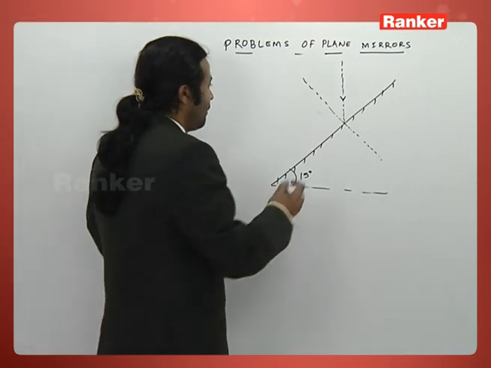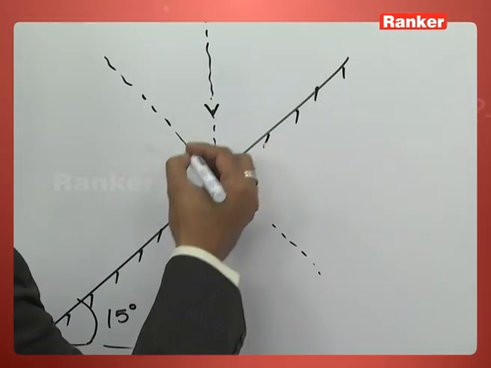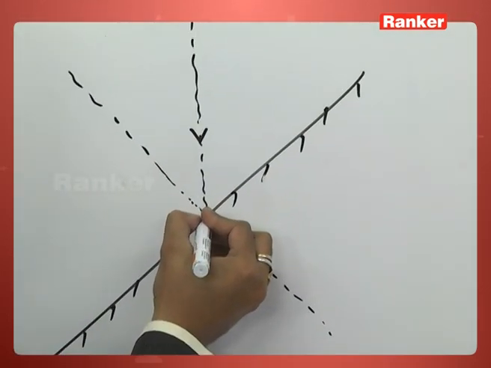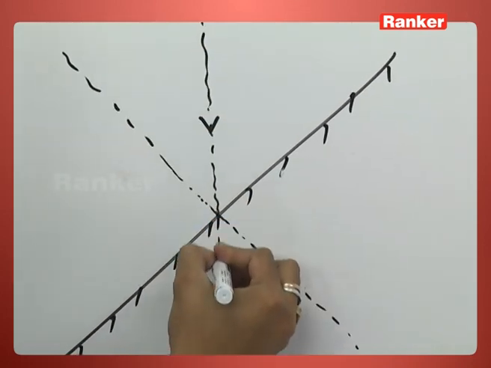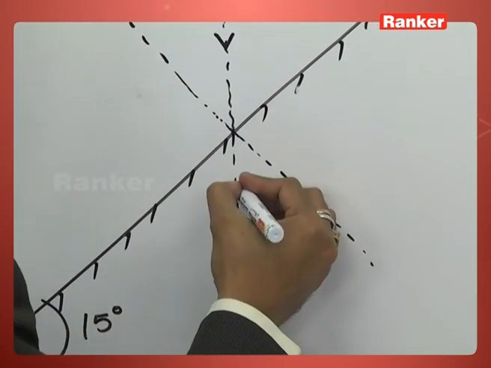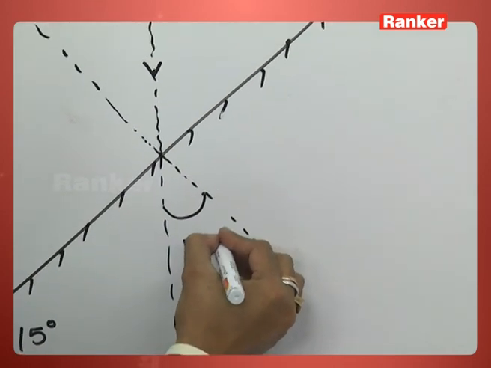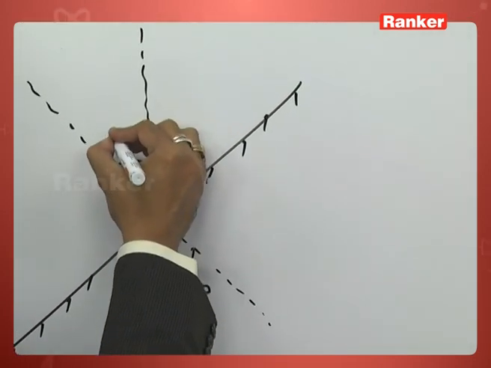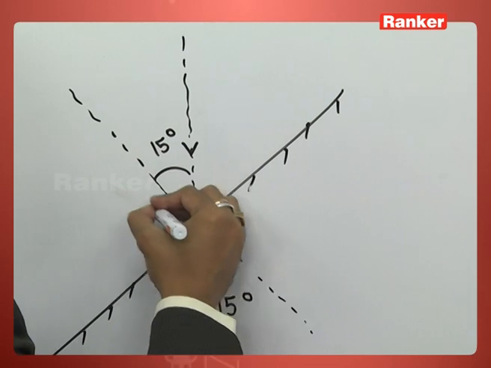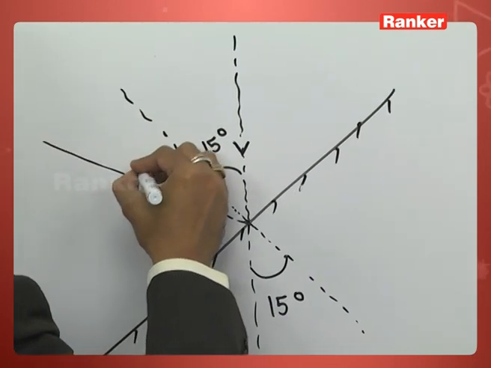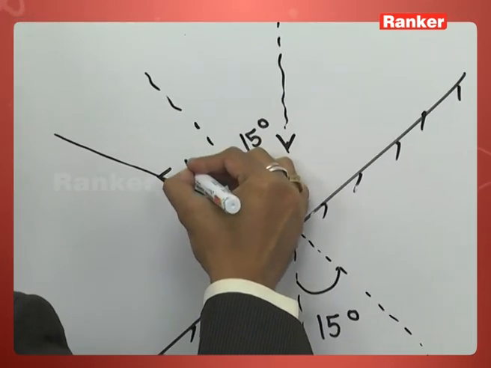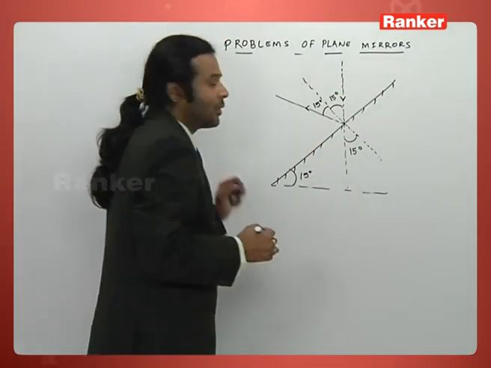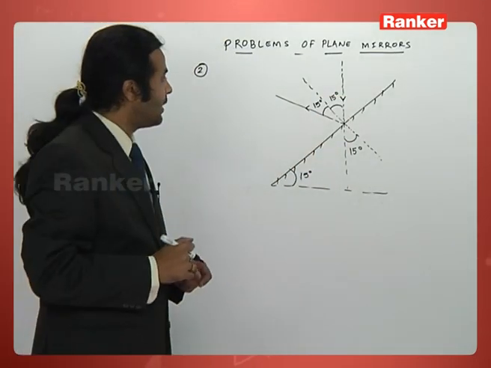So if we see carefully, I dropped a normal and this is the angle of incidence. Obviously this is 15 degree, this will be 15 degree, and this reflection will also be 15 degree. Now the first question says, what is the angle of incidence?